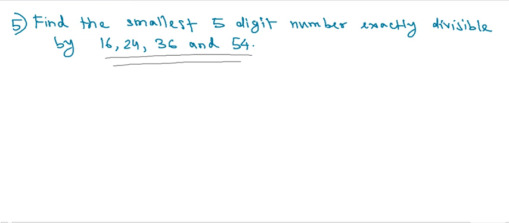At first let's write down the smallest 5-digit number, that is 10,000, and then we will find out the LCM of 16, 24, 36 and 54.